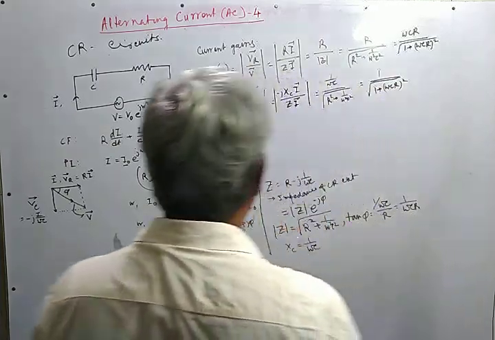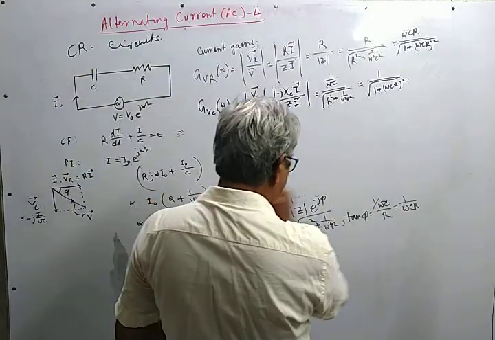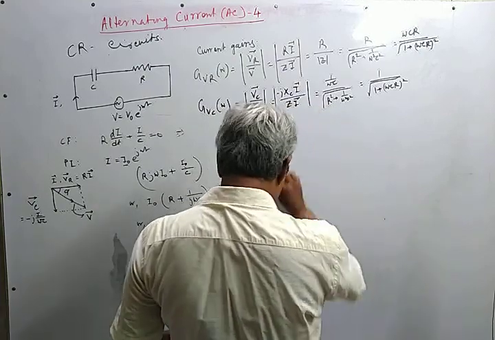So if you see the variation of these two, we write a gain curve, the voltage gain.